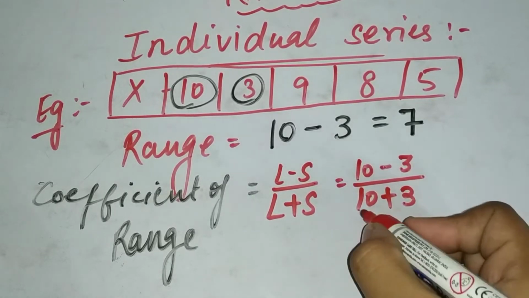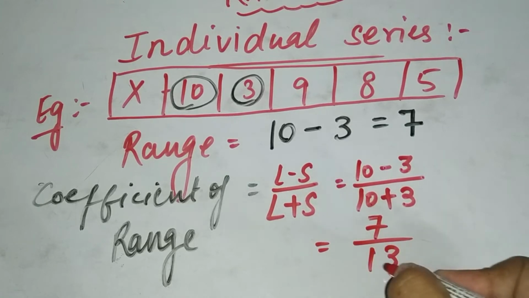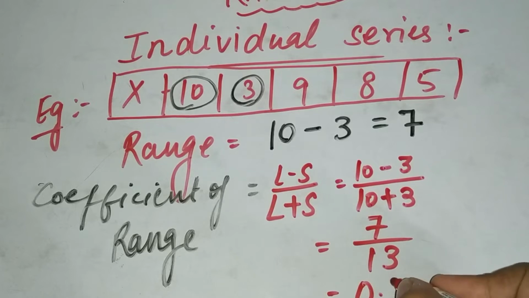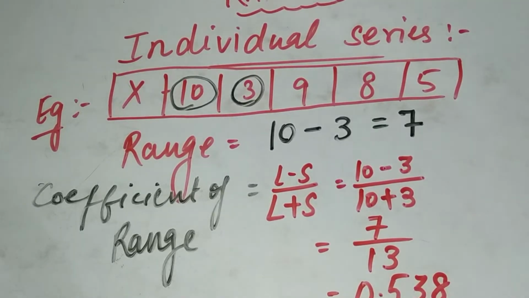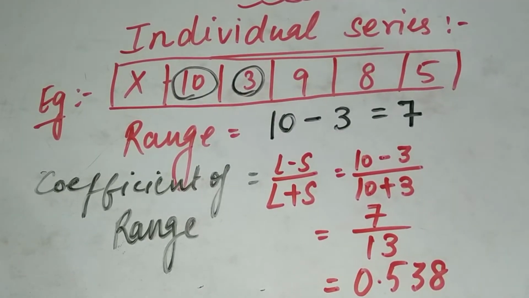So this is 10 minus 3 is 7 upon 10 plus 3 is 13. So this is approximately 0.538. I hope this is clear to you.